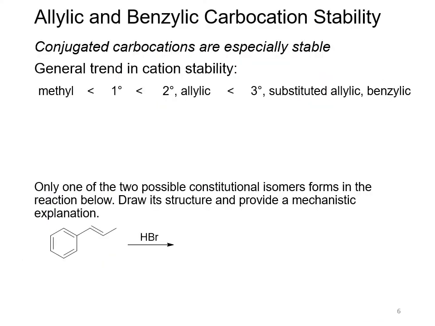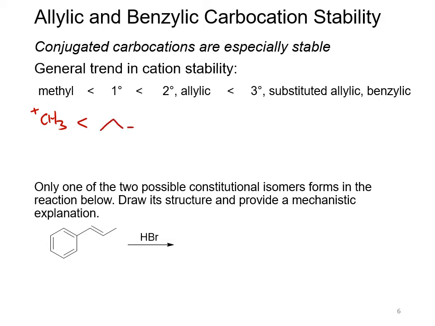We now turn our attention to other conjugated systems, and those of allylic and benzylic carbocations. And these conjugated carbocations are especially stable. And so the general trend in cation stability is that methyl cations are least stable.